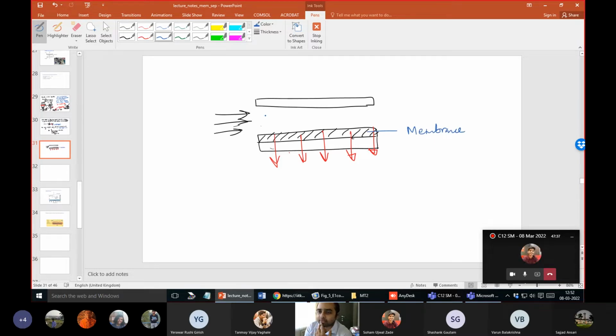Along with the flow, the solutes get deposited more over the surface of the membrane, and let us say the solute molecules are negatively charged.